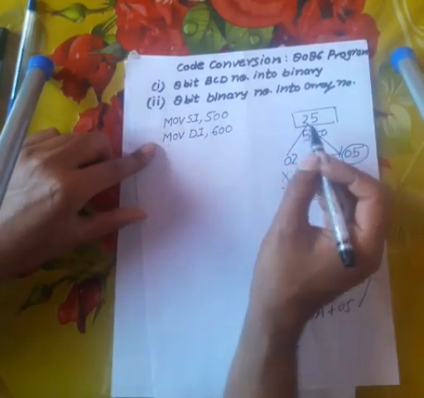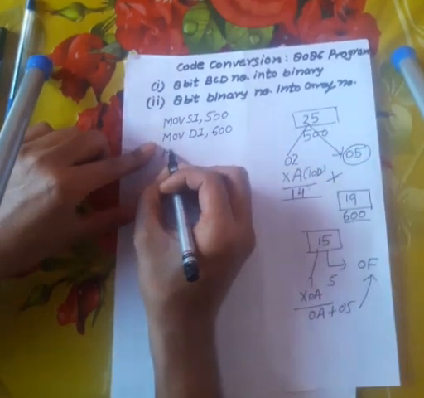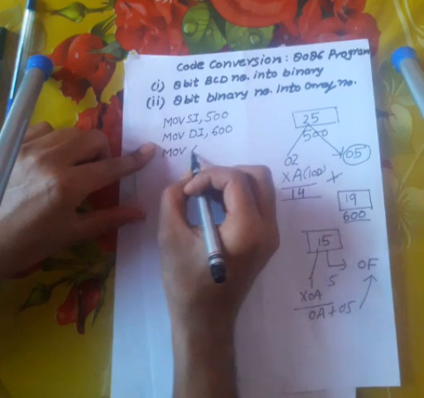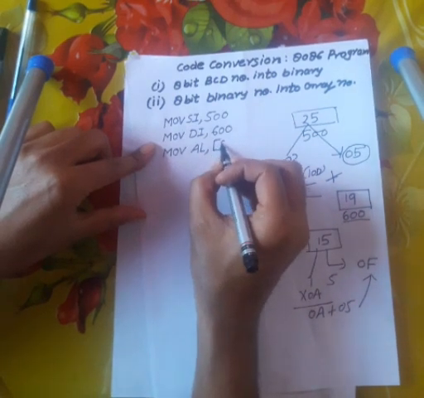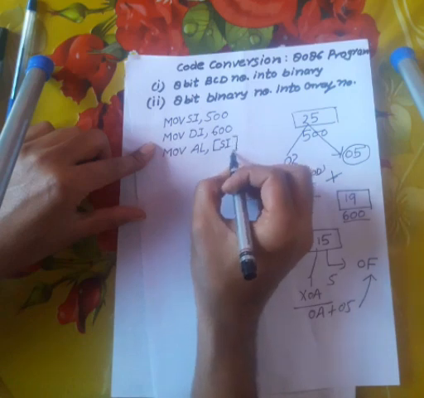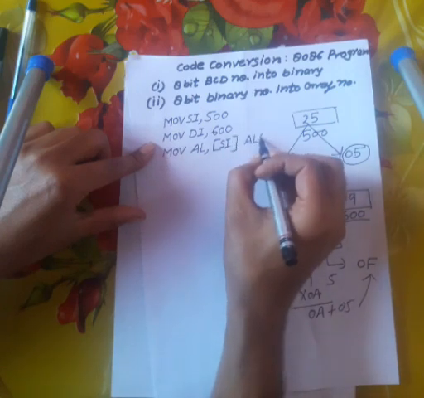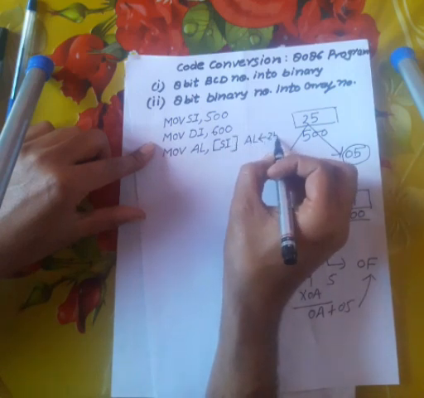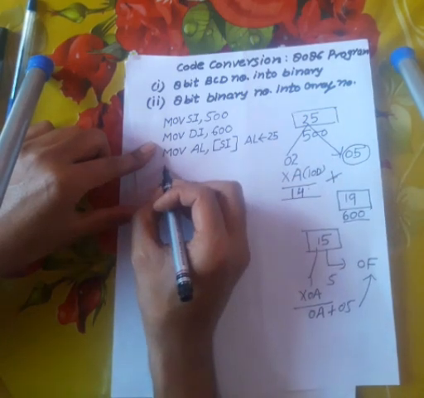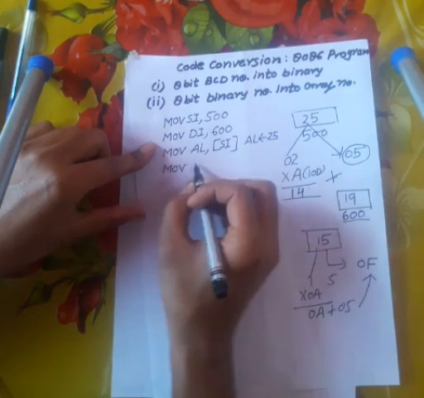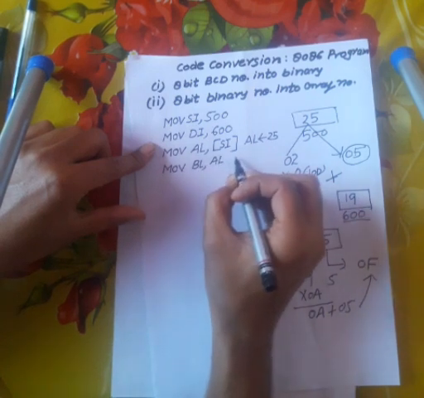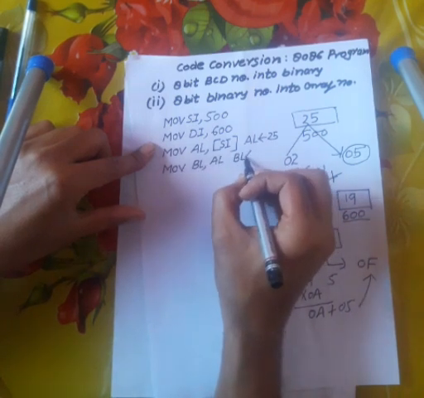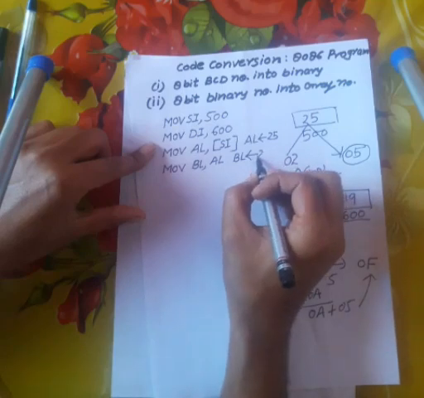Now transfer this contents into AL, move AL comma bracket SI. Now value of AL is nothing, it is 25. Now you can move this in BL register, move BL comma AL. Now BL is nothing, it is 25.